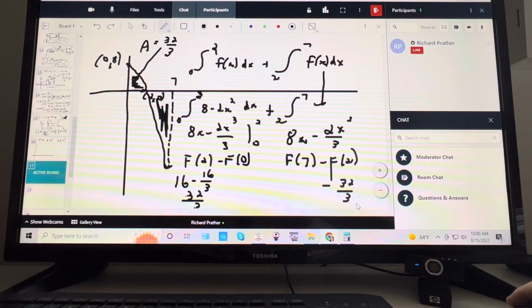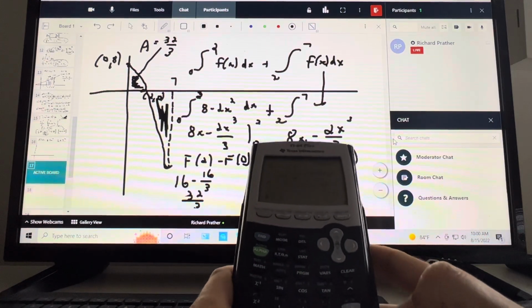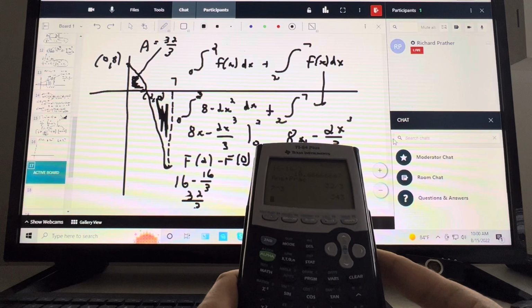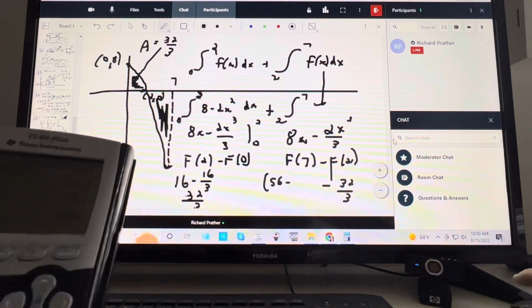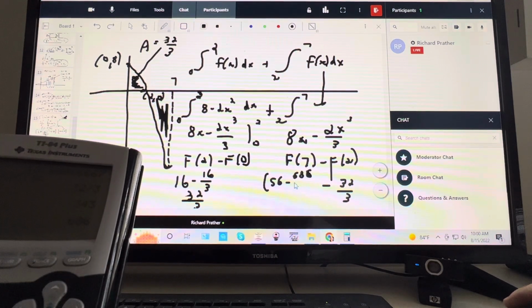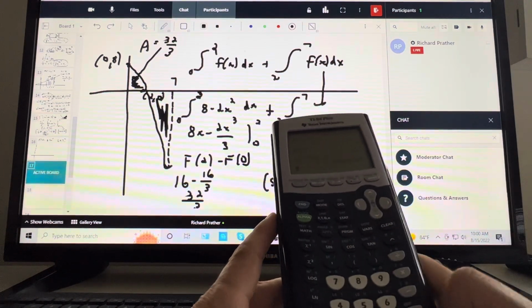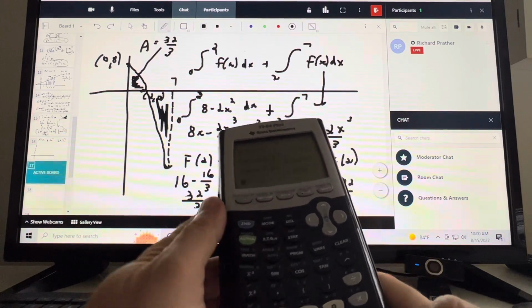And then big F of 7 would be 56, 8 times 7, minus 7 cubed is 343, times 2 is 686 over 3. So 56 minus 686 over 3. Math, enter, enter.